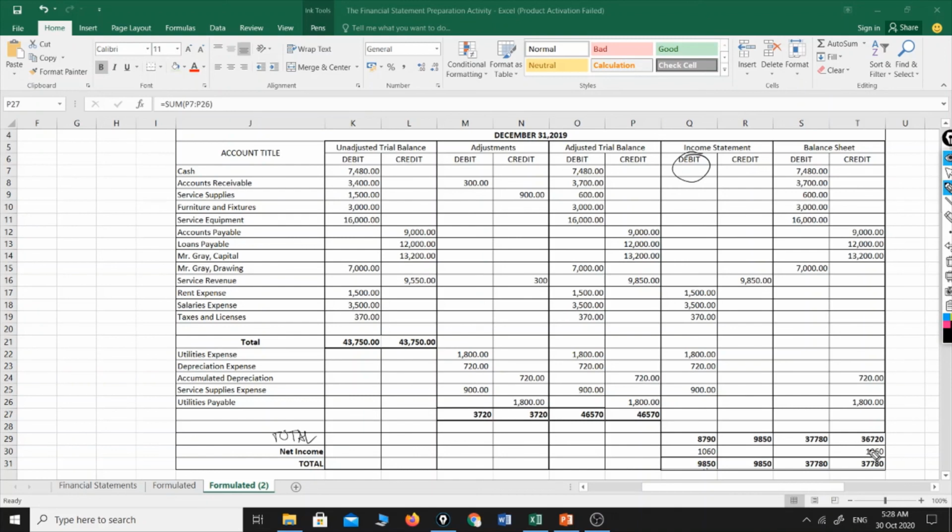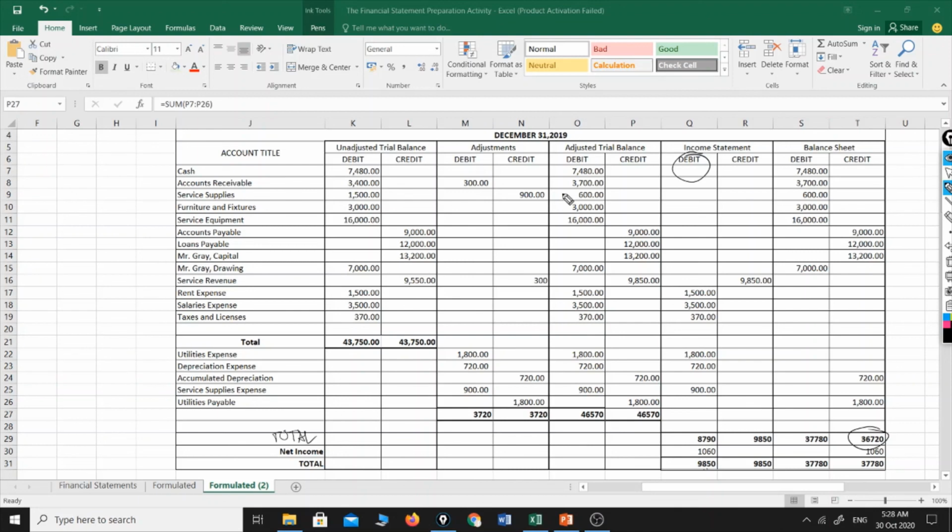So the credit has an amount of 36,720, while the debit has an amount of 37,780. The net income will be on the credit side because it is lesser than the debit side, okay? 1,060. So we come up on both sides with an amount of 37,780.